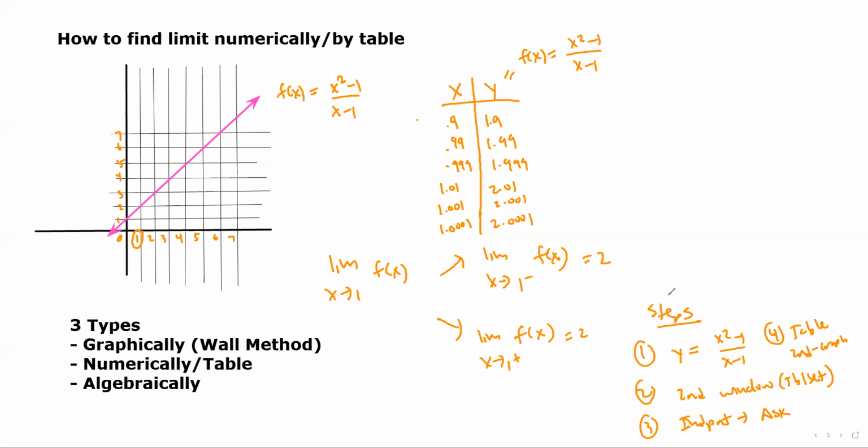So what's our conclusion? Based on the table, the limit of f of x as x approaches 1 is equal to 2.